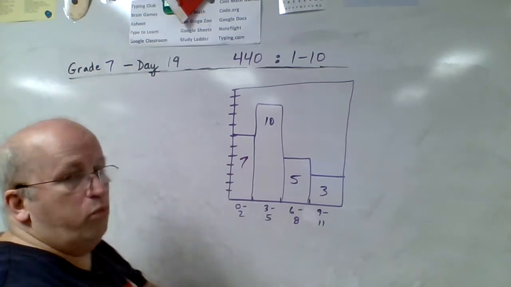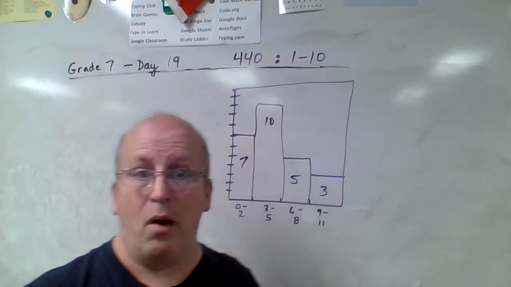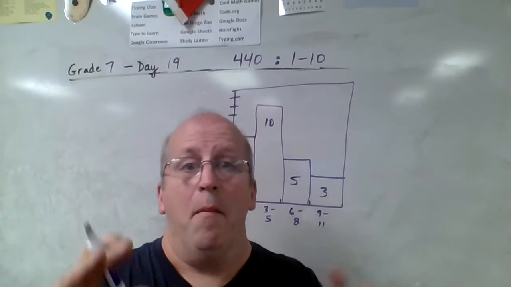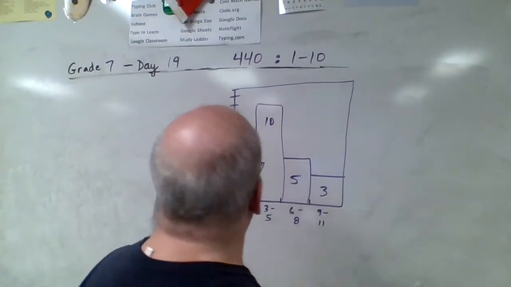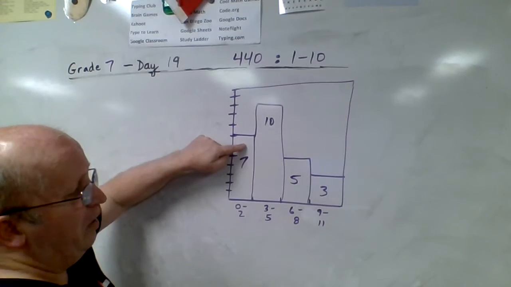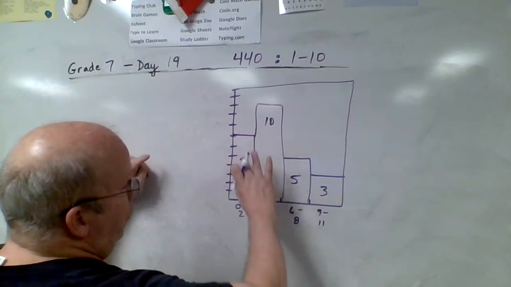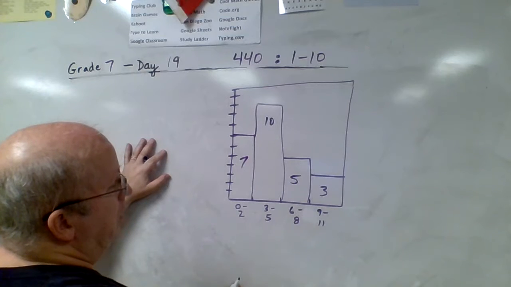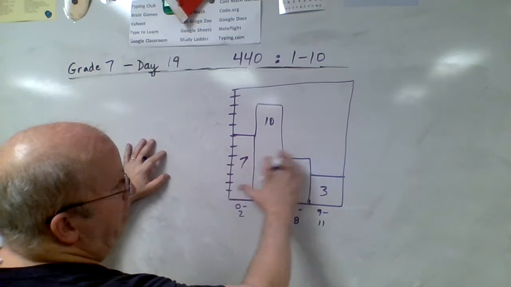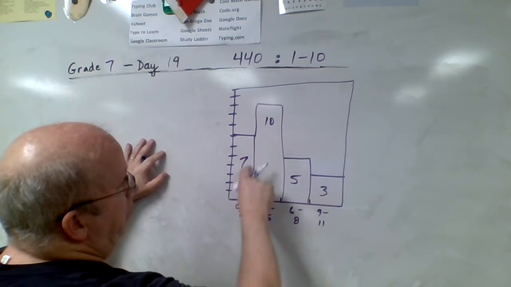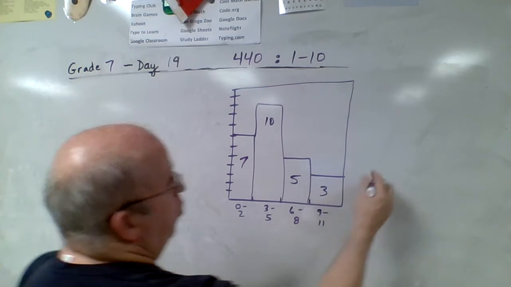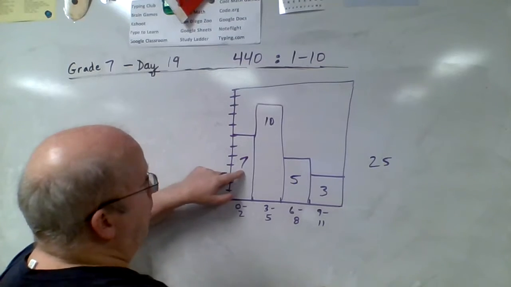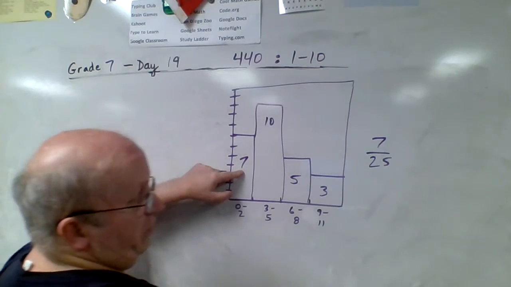Now these aren't really the actual numbers for the bars of this particular circumstance, but let's just imagine that it is. If somebody said to you, how could you create a piece of pie for a circle graph for this particular bar? Well, how many total numbers are there here? 10 plus 7 plus 5 plus 3, that's 25. This particular bar is 7 out of 25.